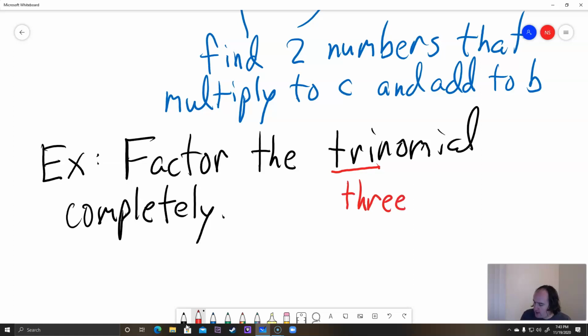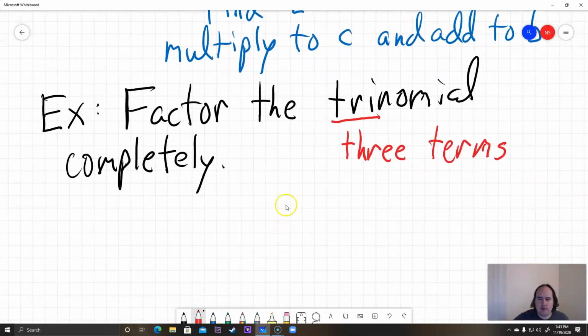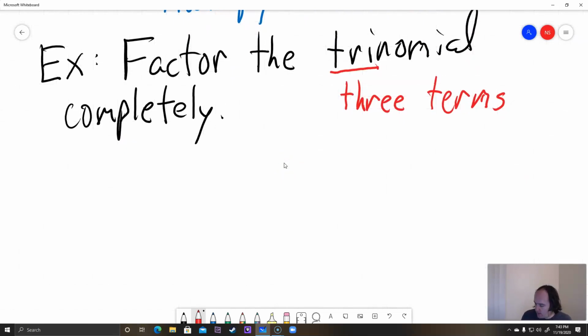The word trinomial has the prefix tri built into it, and tri means three. We're going to do a bunch of examples, starting with a relatively easy problem and working our way into the harder ones. Problem number 1 is x squared plus 7x plus 6.